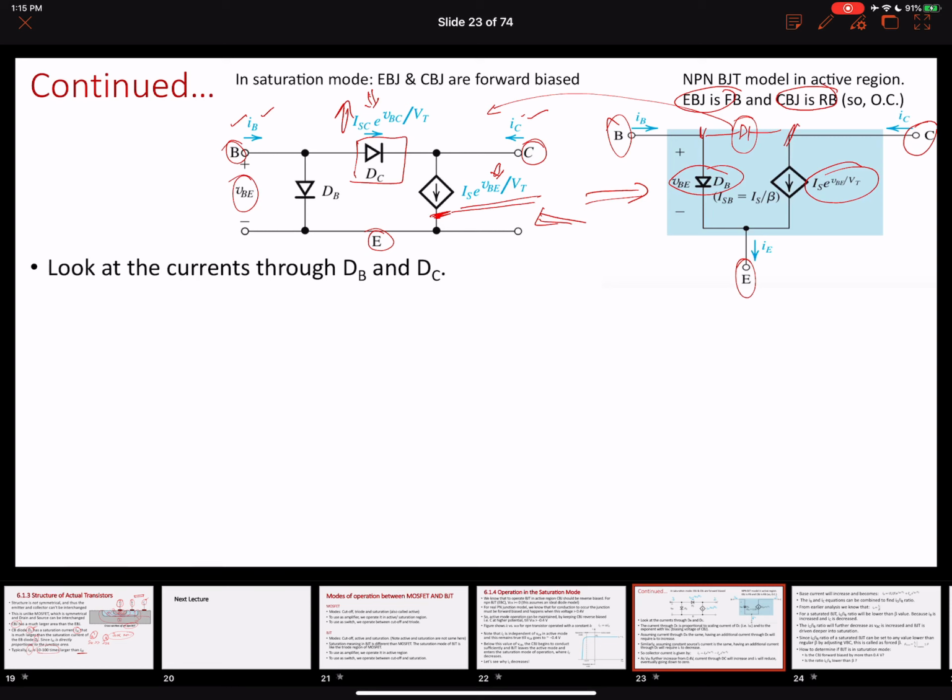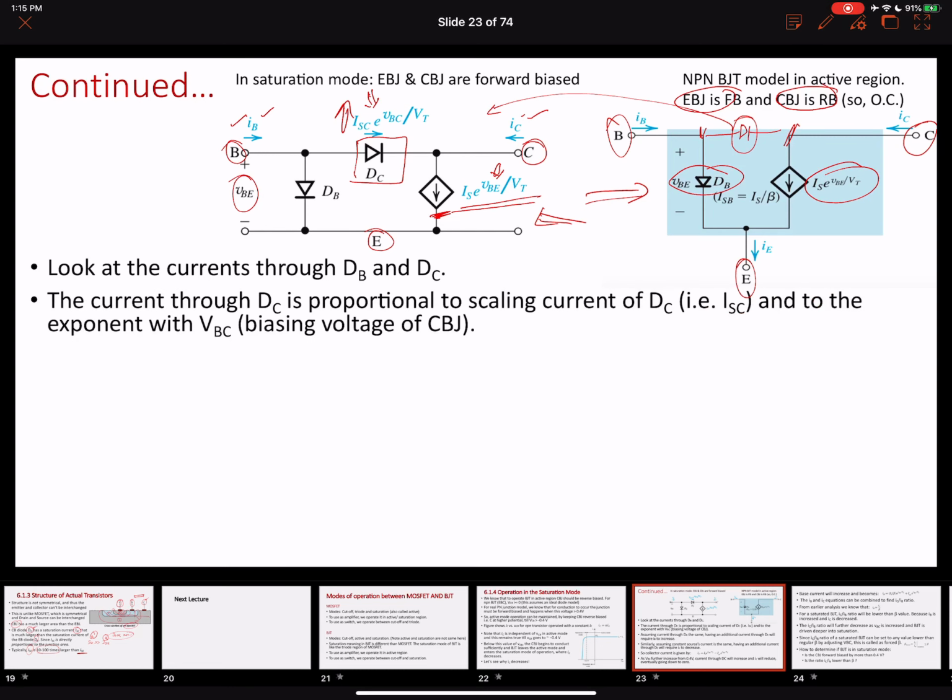Okay, so let's look at the currents through DB and DC. When our collector to base junction becomes forward biased, this diode DC will appear for that p-n junction. If we look closely, the value of the current depends on two things. One is the ISC factor, which is the scaling current for this p-n junction, and the other is the biasing voltage of the collector to base junction, VBC, right?